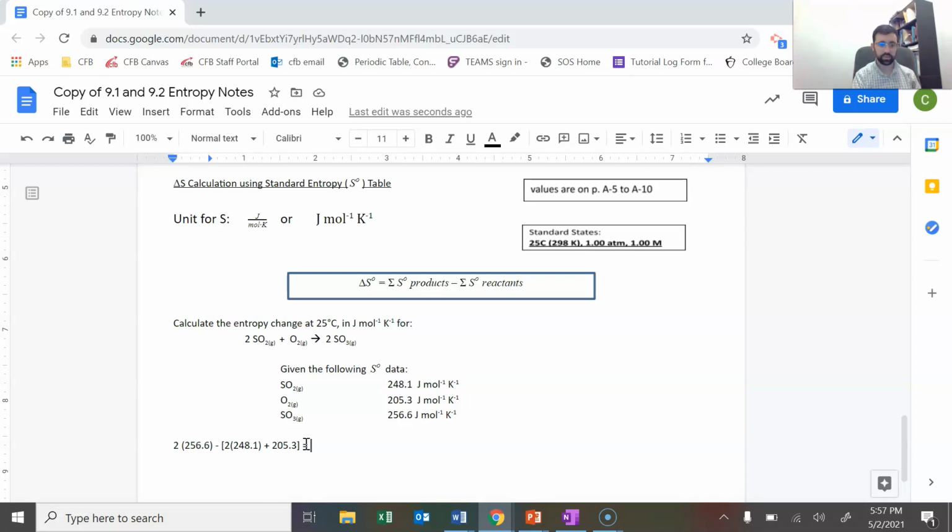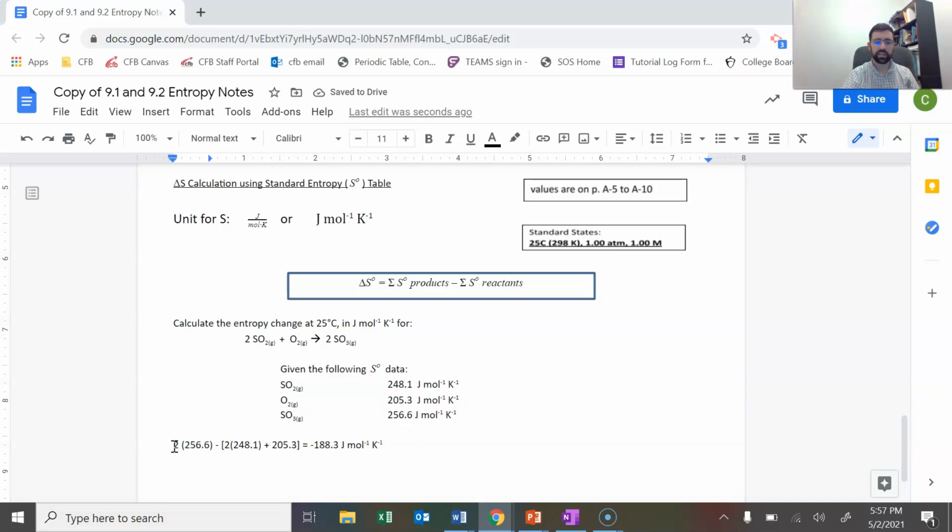I'm keeping this in parentheses so that I won't make a mistake. End up with a negative 188.3 joules per mole per Kelvin.